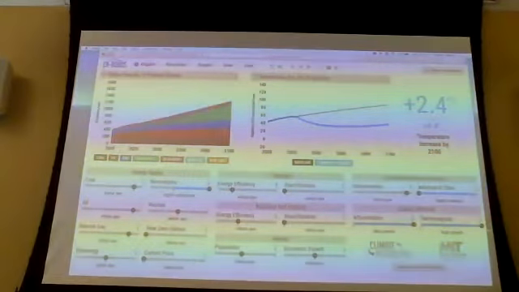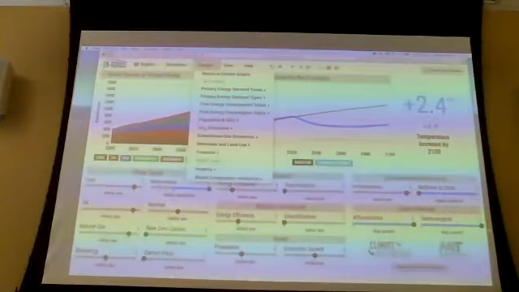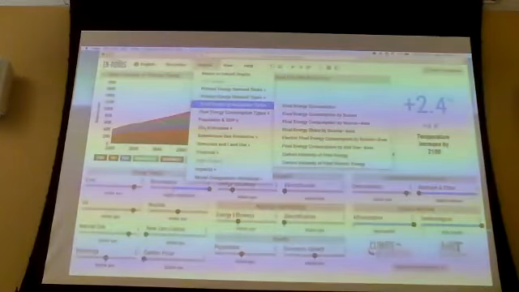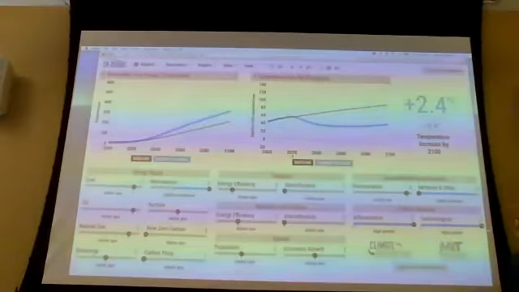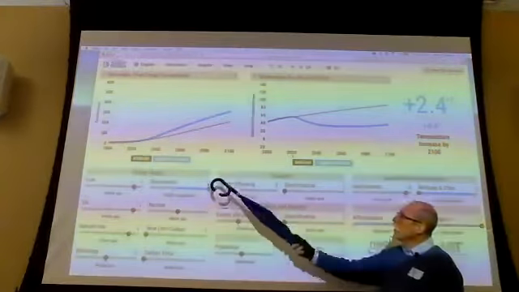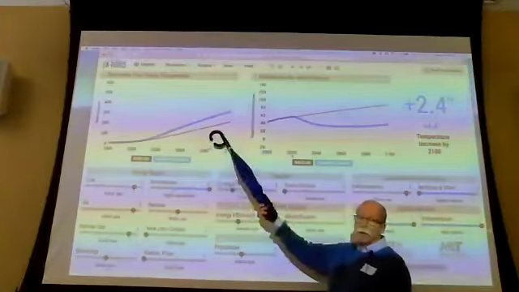But there's one thing to notice here. This is the baseline where we're doing nothing.